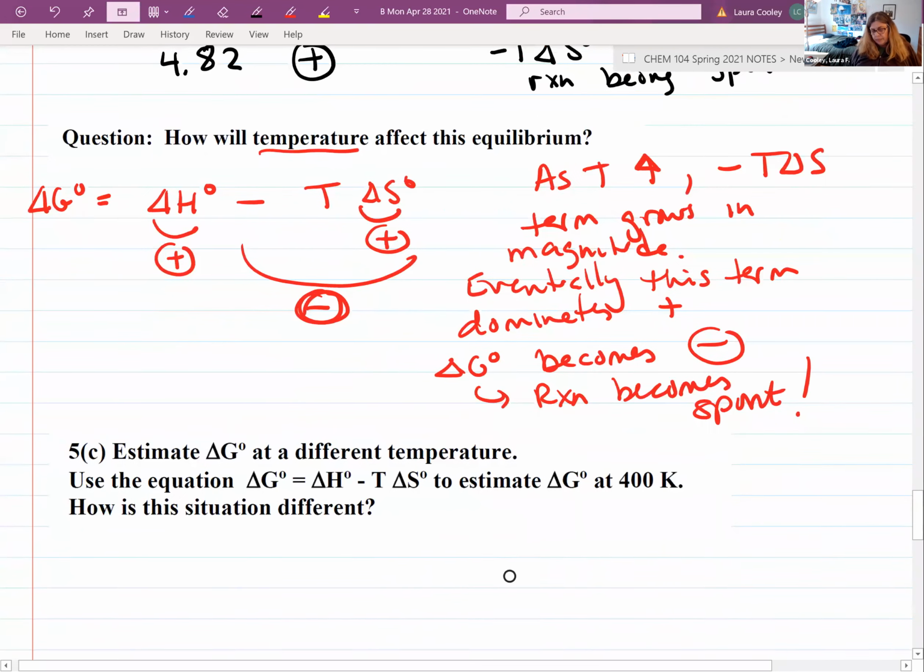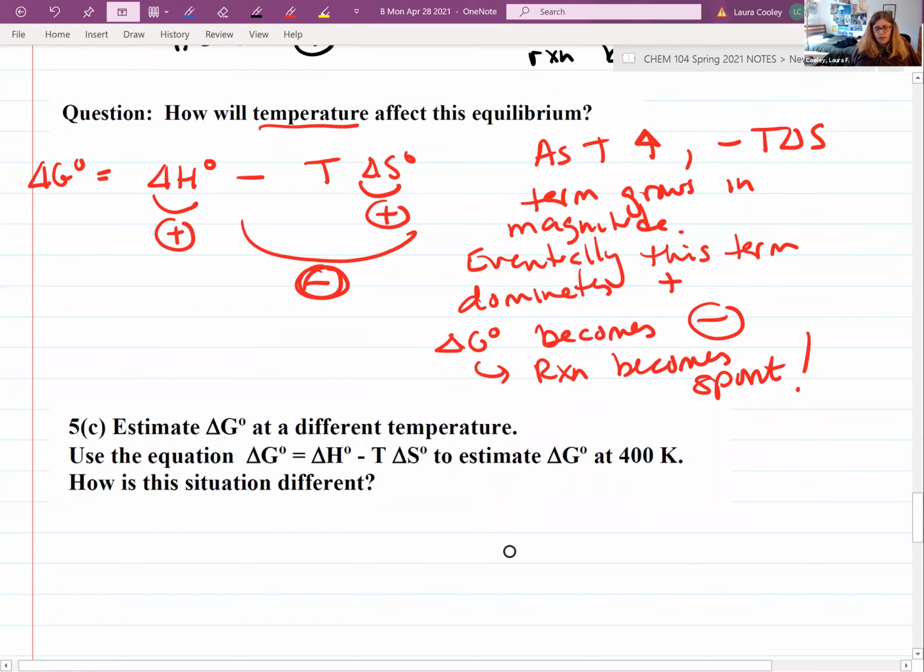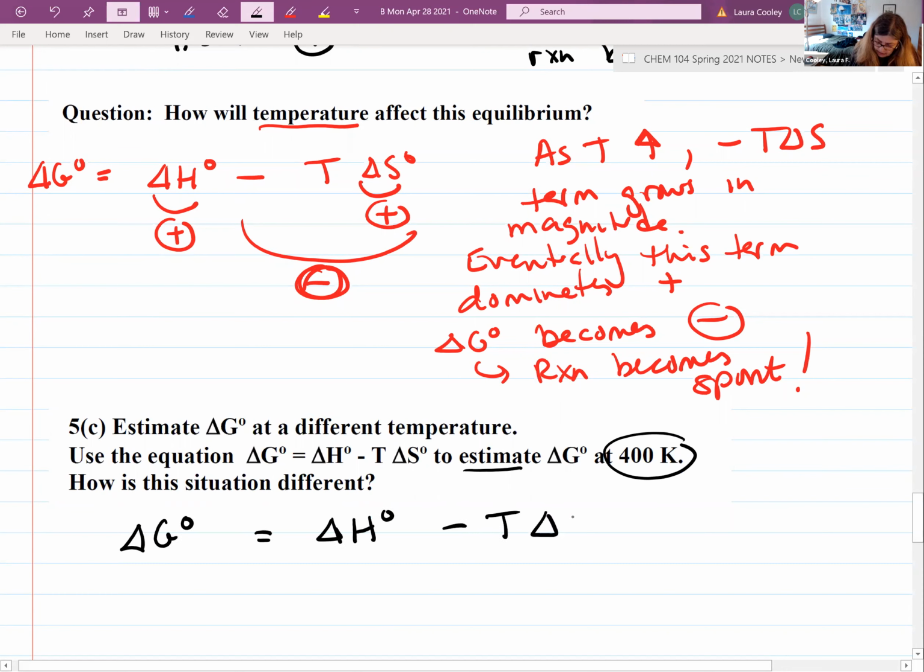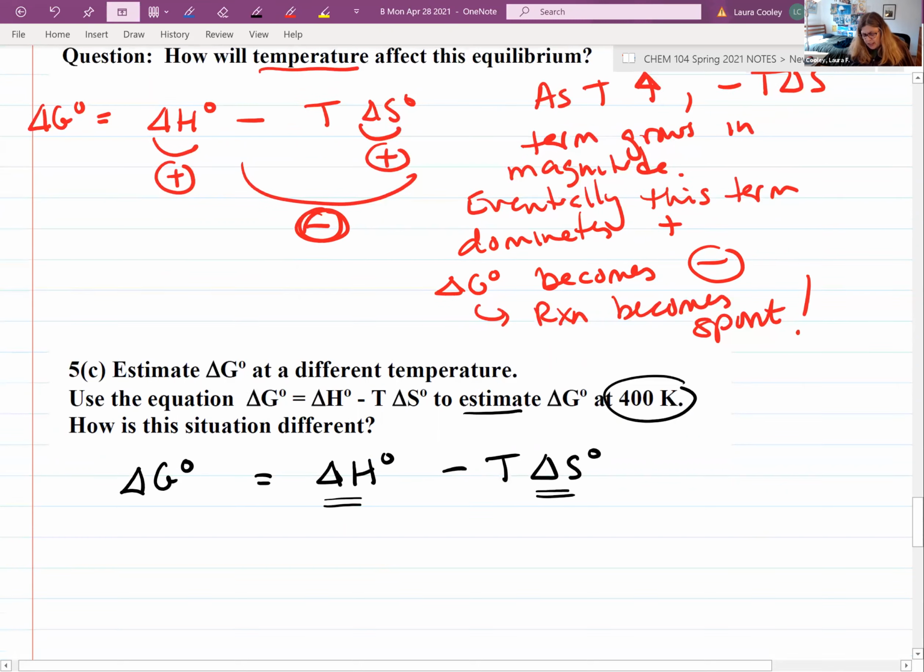Okay. So here's another approach. Rather than just finding the crossover temperature, suppose you estimate what delta G is at 400 Kelvin. It's just using the same equation. So we have what these numbers are for the delta H and the delta S. And the reason this is an estimate is because they do depend somewhat on the temperature, and we're going to pretend that they don't.